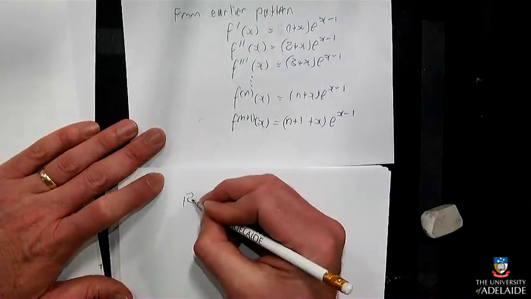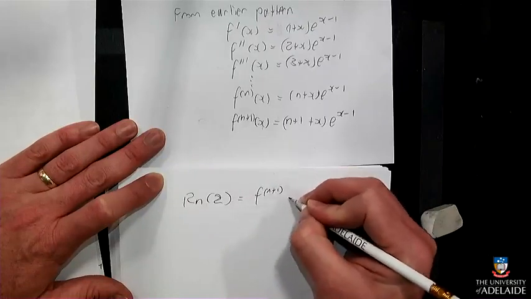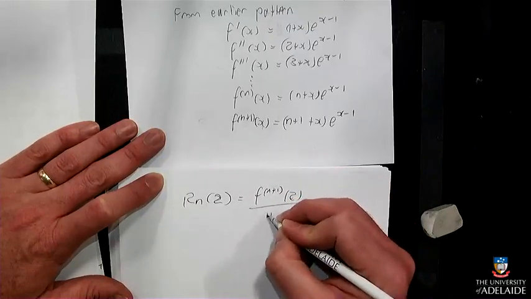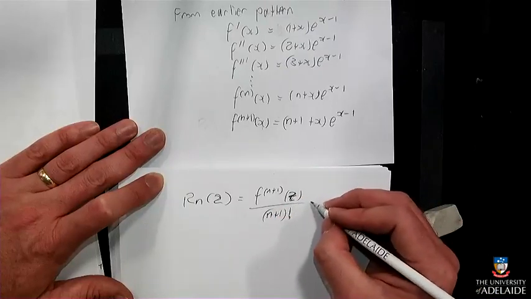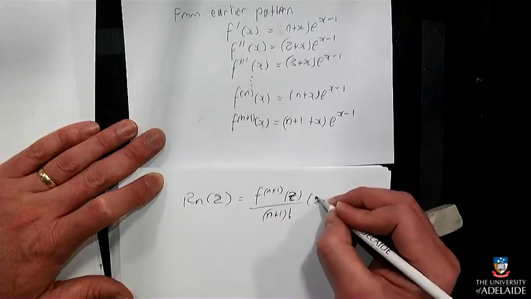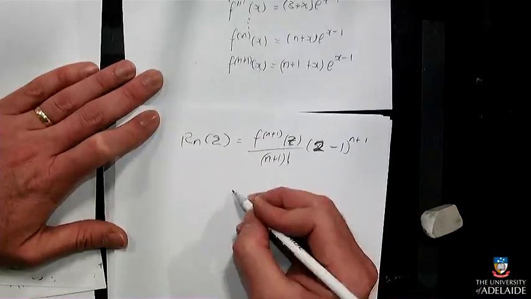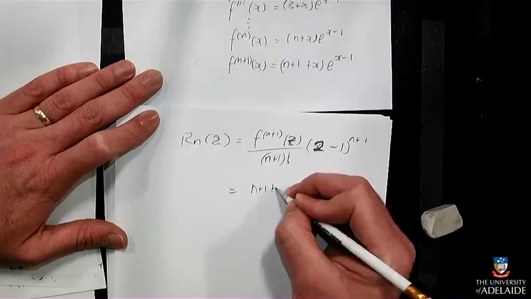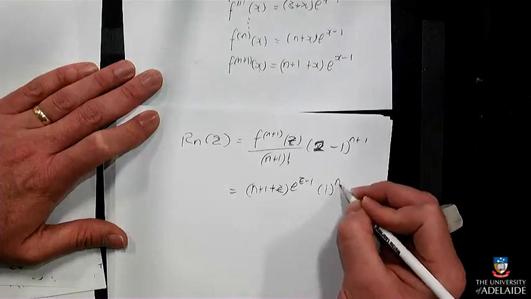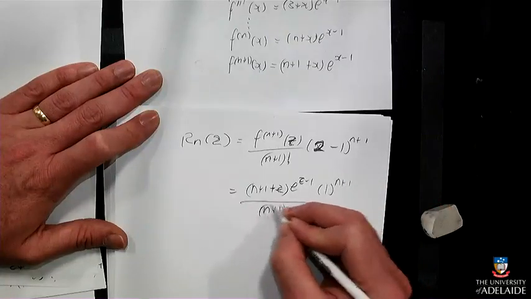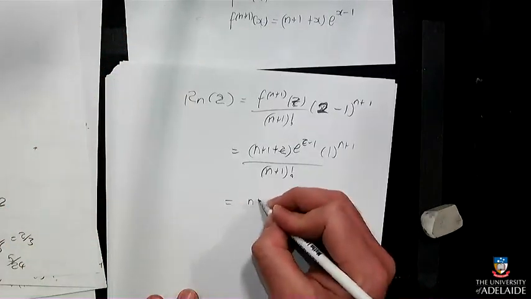So the remainder Rn for 2 is f^(n+1) of z over (n plus 1) factorial times (2 minus 1) to the n plus 1. And this bit is n plus 1 plus z, e to the z minus 1. And that's 1 to the n plus 1, and I don't have a choice about this one. And looks like that's just going to work out to this.